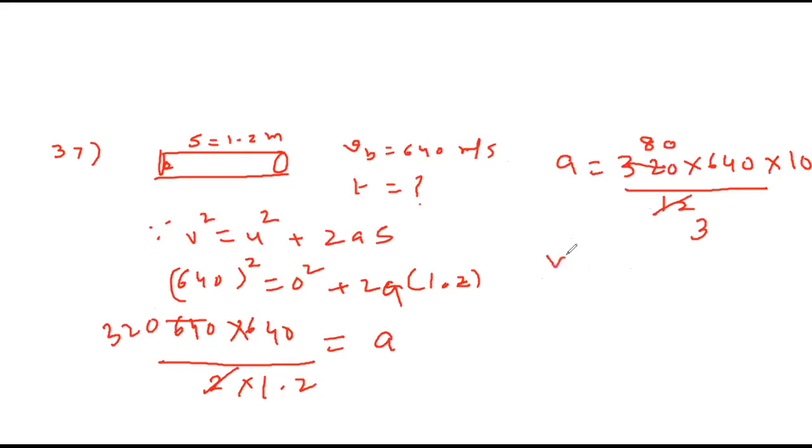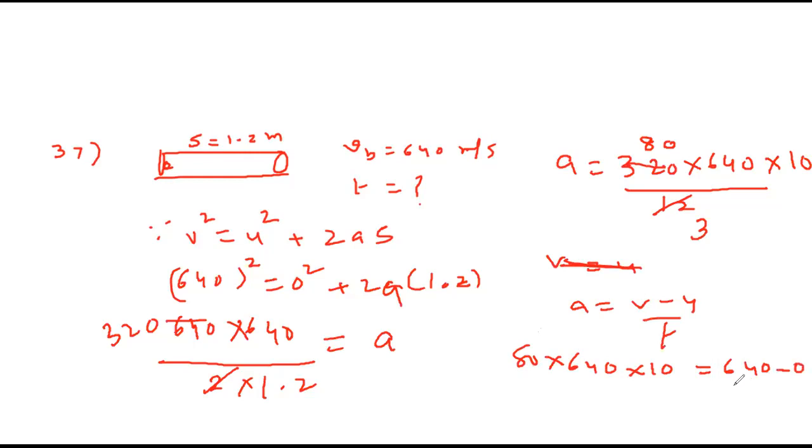Now we want time. So v equals u plus at, a equals v minus u upon t. A we got 80 into 640 into 10, equals 640 minus 0 upon time we have to calculate. So 640 I can cancel from both sides. So t equals 1 upon 80 into 10.